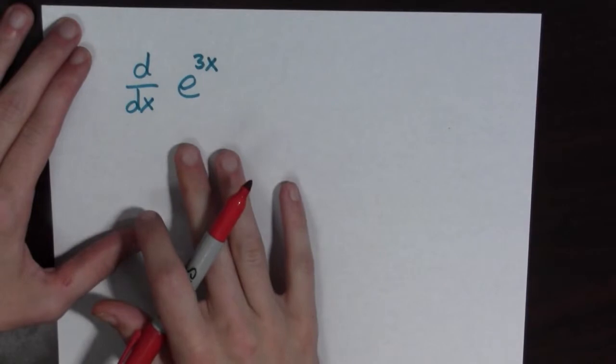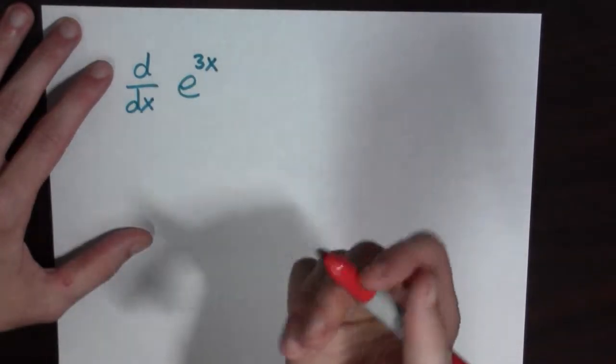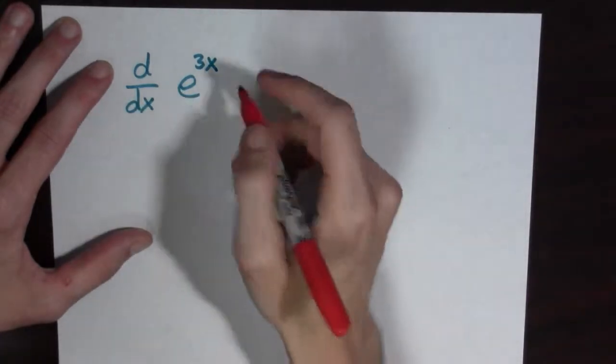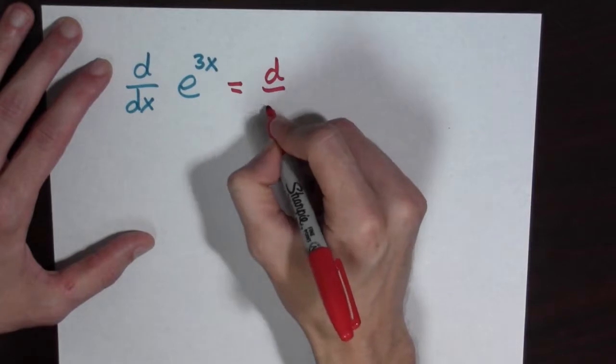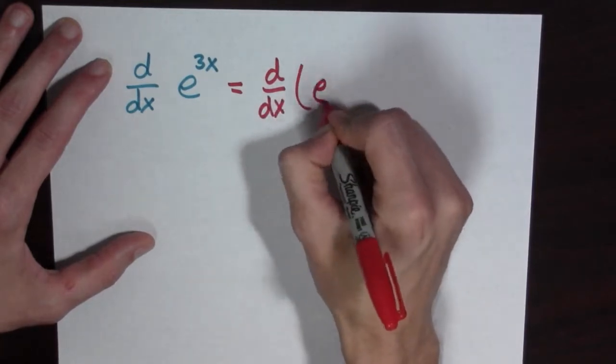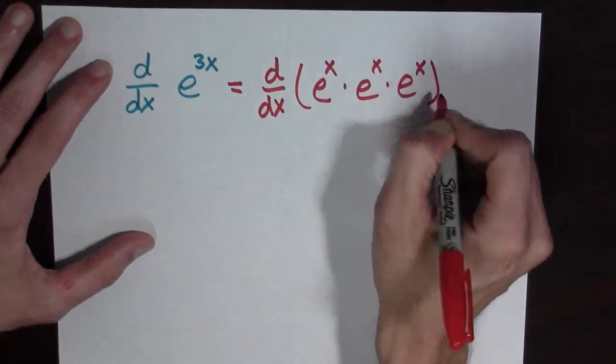And now our final example. Now we want to take the derivative of e to the 3x with respect to x. You might not see a product here, but I tell you it's there. We write d over dx of e to the x times e to the x times e to the x.